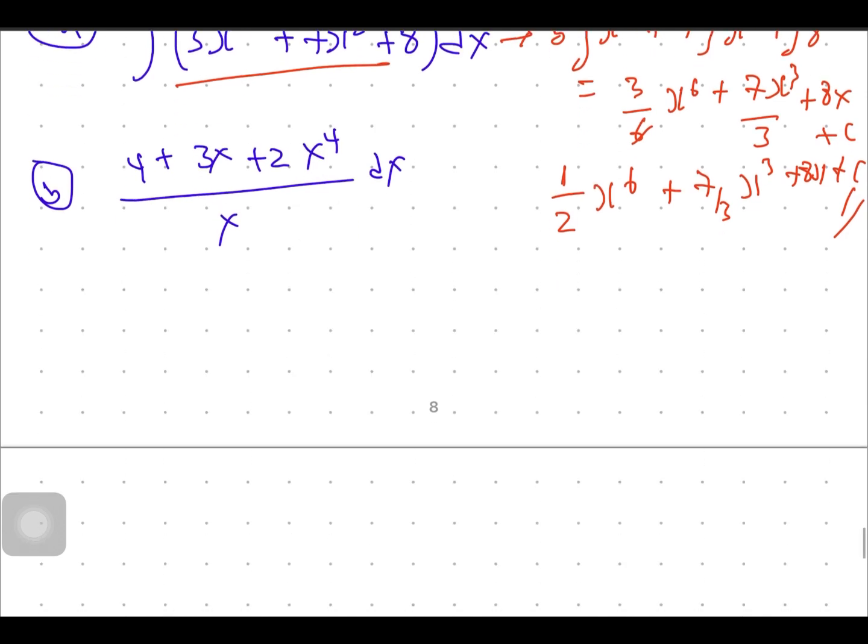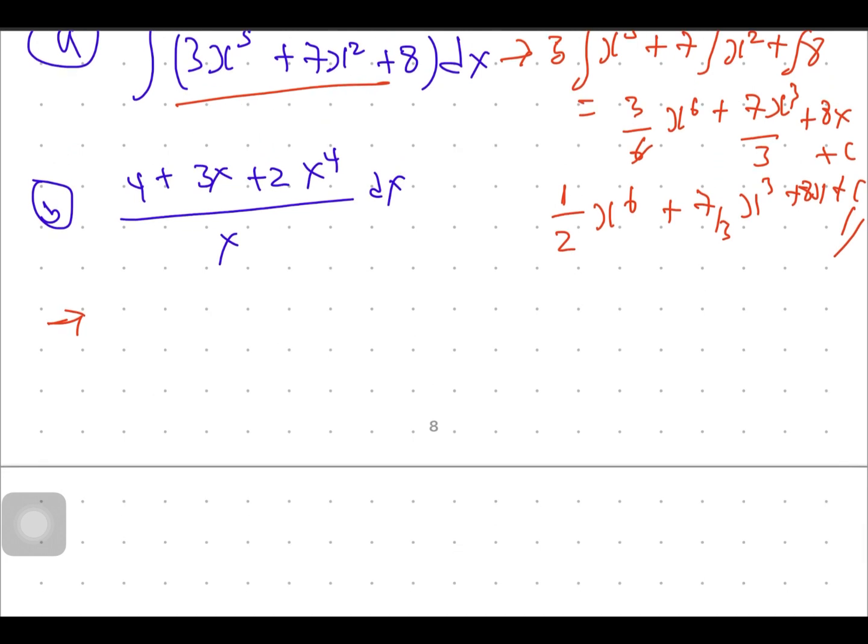So moving on to the second example, this is what we have: 4 plus 3x plus 2x power 4, all over x. What you need to do is don't complicate yourself, just simplify it. We know that this can be written as 4 over x plus 3x over x plus 2x power 4 over x, dx.